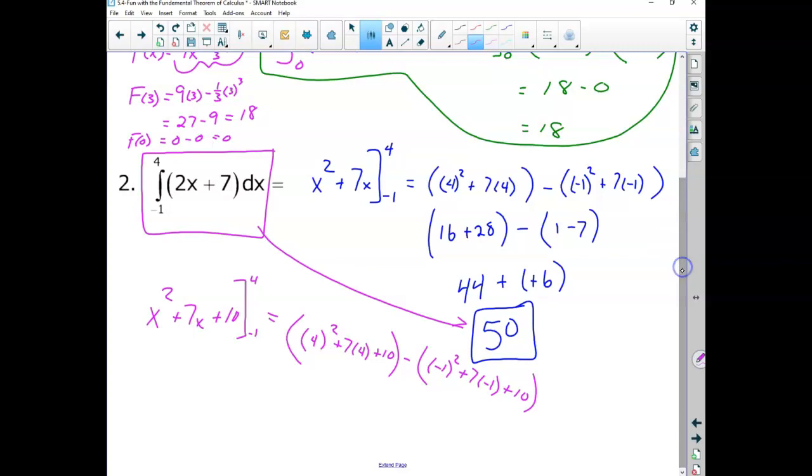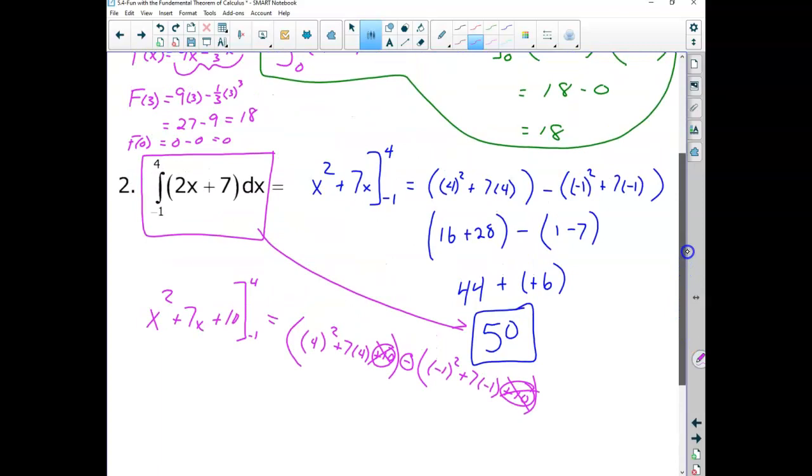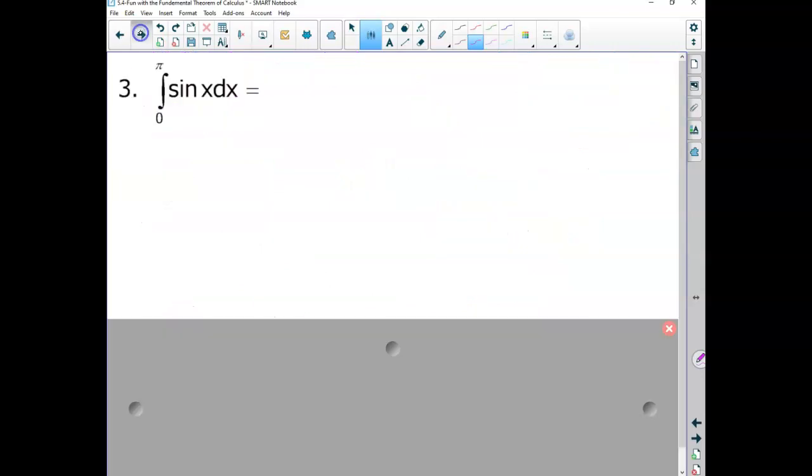And it really doesn't matter what c is, because here I got a plus 10 minus another plus 10. So those constants are going to kill each other out. And there's an infinite number of antiderivatives. So I want the simplest one, so I might as well just take the one where c is 0, okay? And then evaluate my function.